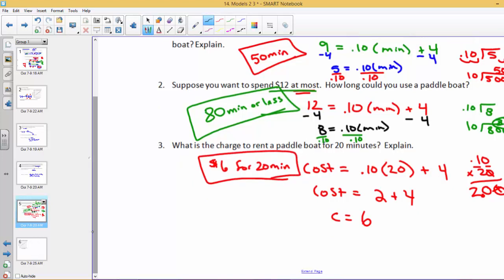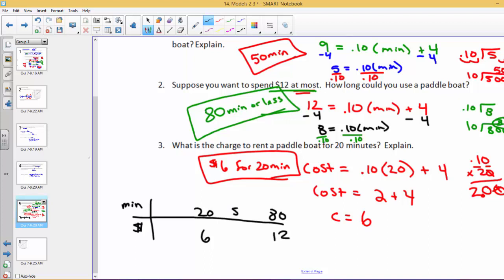Could form a little table for this equation. So the x value would be the minutes, the y value would be the cost. So for 20 minutes, it was $6. For 80 minutes, it was $12. And for 50 minutes, it was $9.